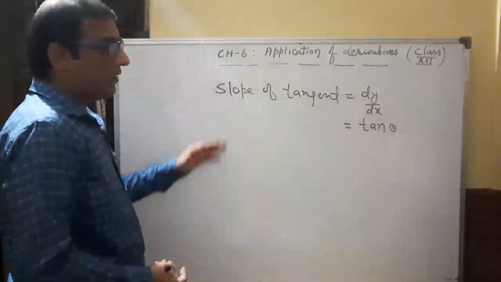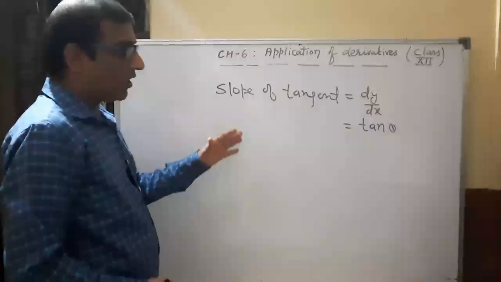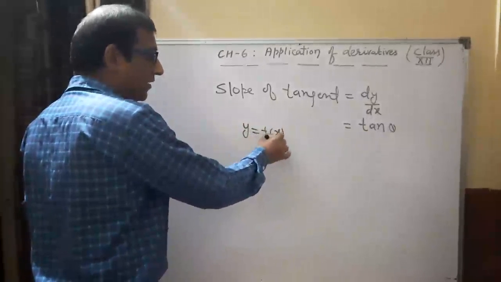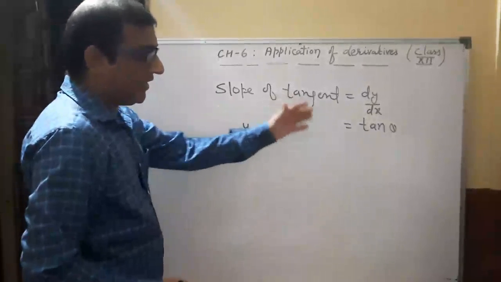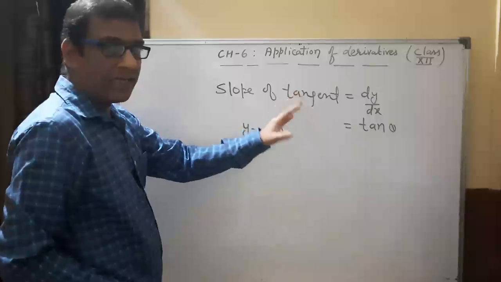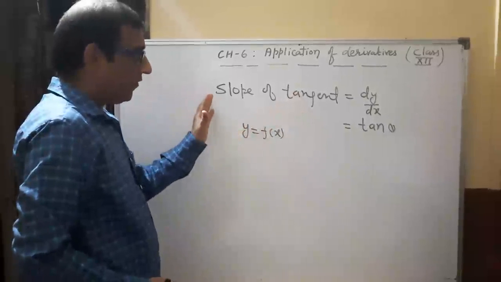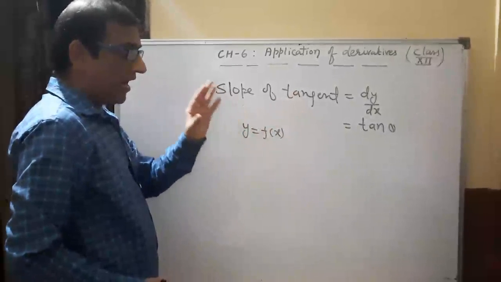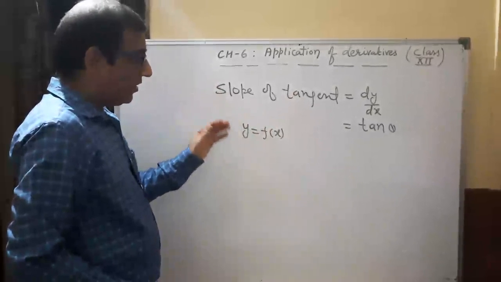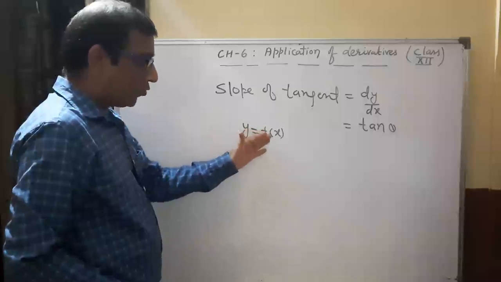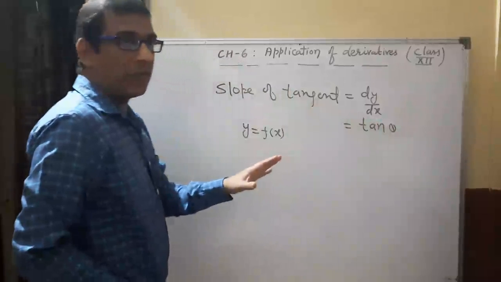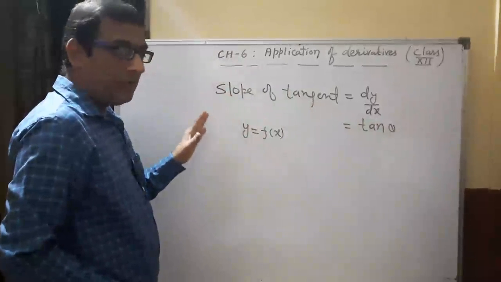It means the tangent line to the curve y equals f(x) makes an angle theta with the x-axis in the positive direction. This is the meaning of this concept. I repeat it again: the tangent line to the curve makes an angle theta with the x-axis in the positive direction.